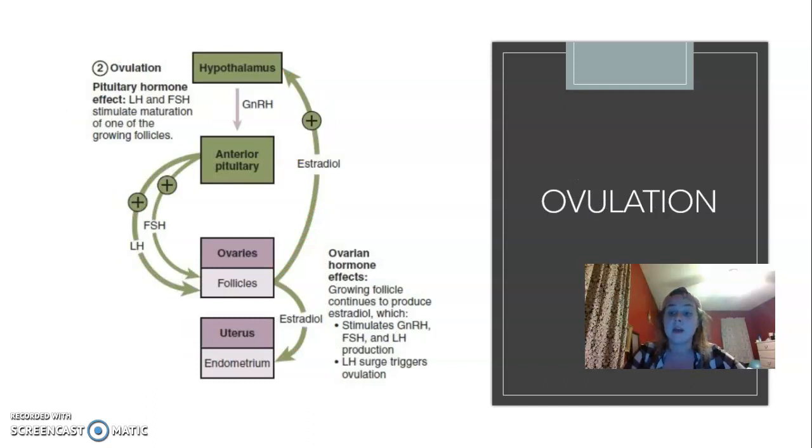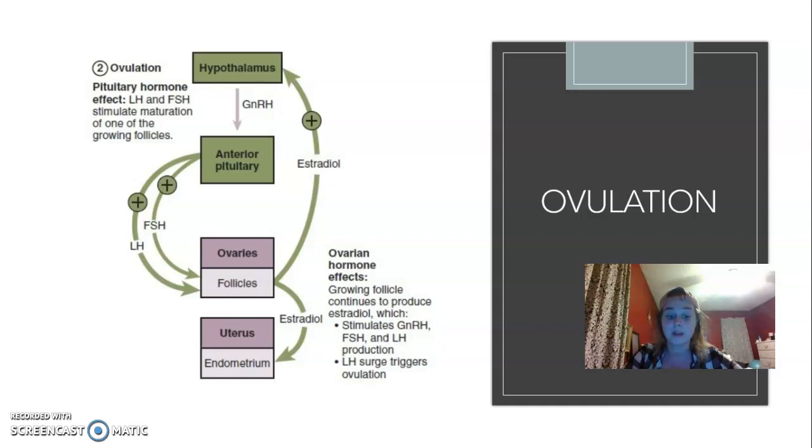When that dominant follicle is left, it also begins to secrete estrogen. It secretes so much estrogen that it triggers a regulatory switch in the anterior pituitary that responds by secreting a large amount of LH and FSH, creating a positive feedback loop. In this feedback loop, LH is a little bit more important than FSH at this point because LH leads this dominant follicle to stimulate proteases, which are enzymes that cleave proteins.